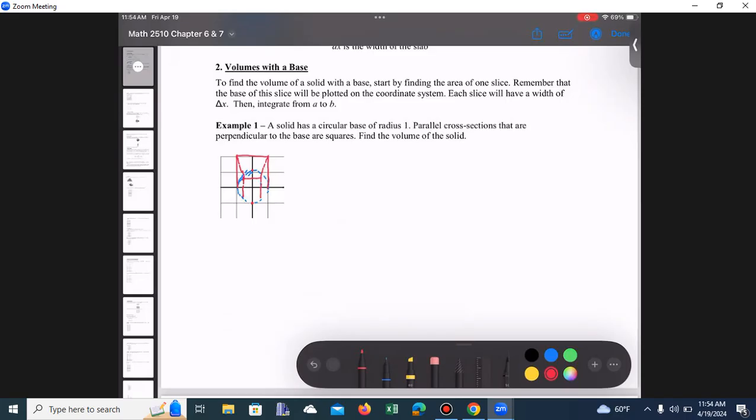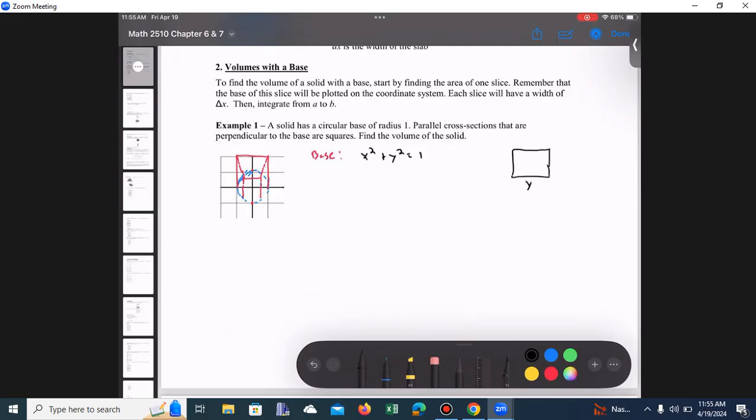All right, so if we look at the base, x squared plus y squared equals 1 is your base, and the cross section is a square.